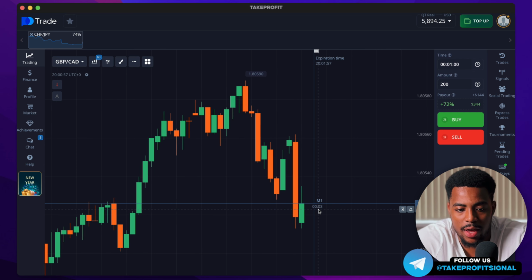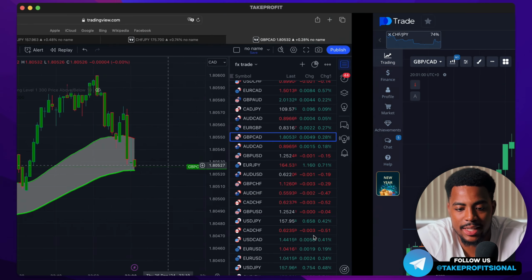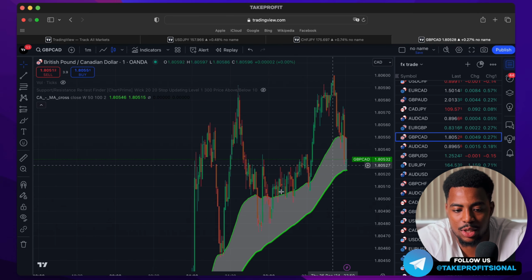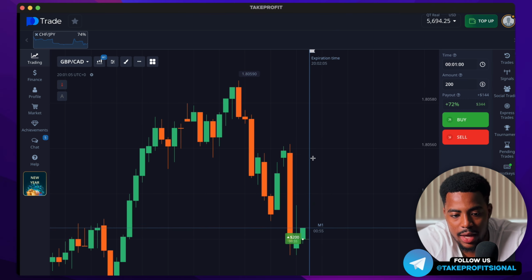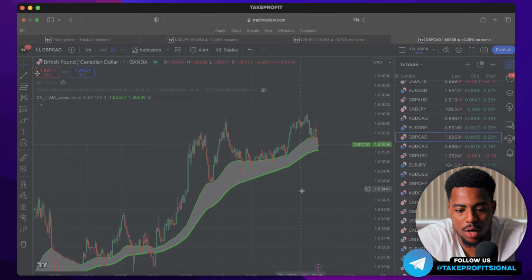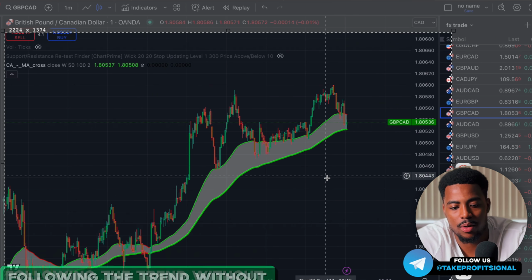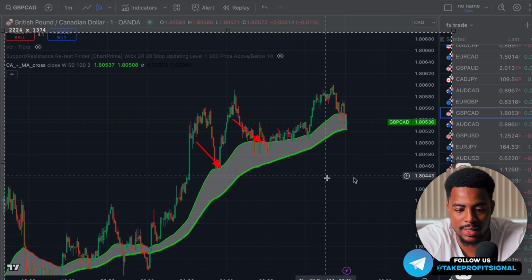We also have a potentially interesting situation here, but only this indicator allows me to see the situation. Look, we have an uptrend. We clearly have increased volatility here now. We are moving with you along the trend without breaking through the support, which is represented by 2 moving average lines.